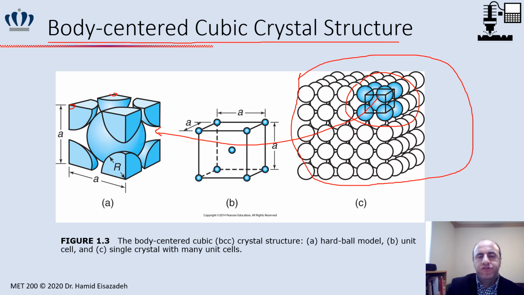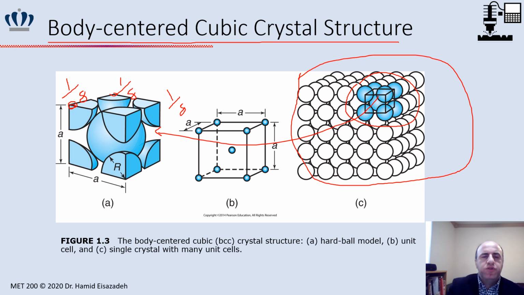If the number is high, it means you have more atoms inside the unit cell. So these corner atoms are shared with the other unit cells. That's why we are considering 1/8 of that atom, right? And then we have a similar behavior here, 1/8 here, 1/8 there.